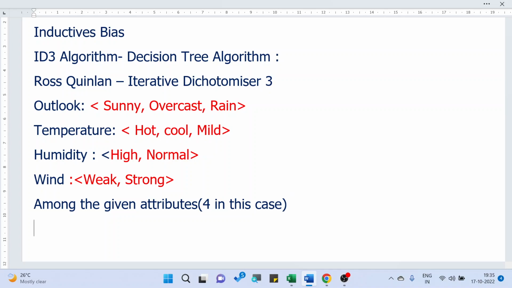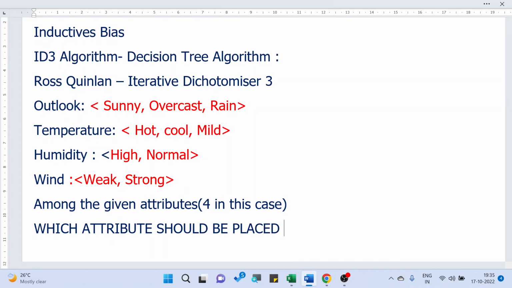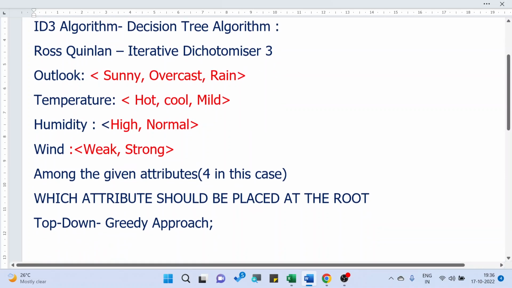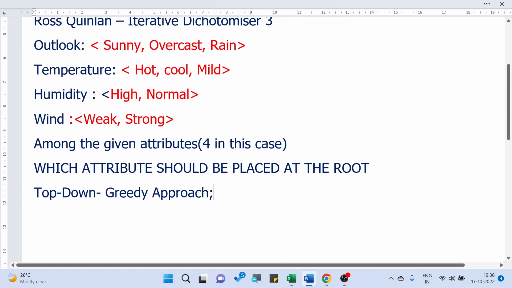Among the given attributes, which attribute should be placed at the top or root? Now one more fact about ID3 is, it's a top down approach, starting from the top, and it is a greedy approach. It is not the context to explain what top down and greedy approach are, that we will discuss at the appropriate time.